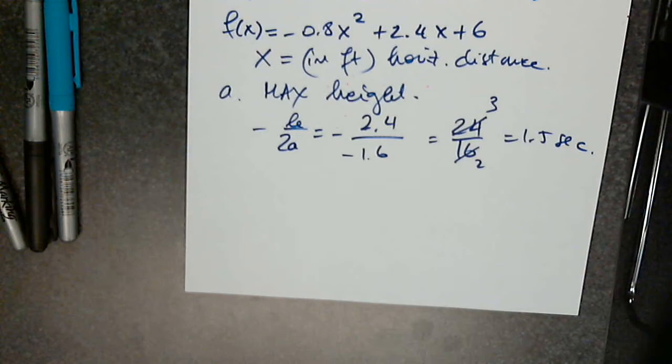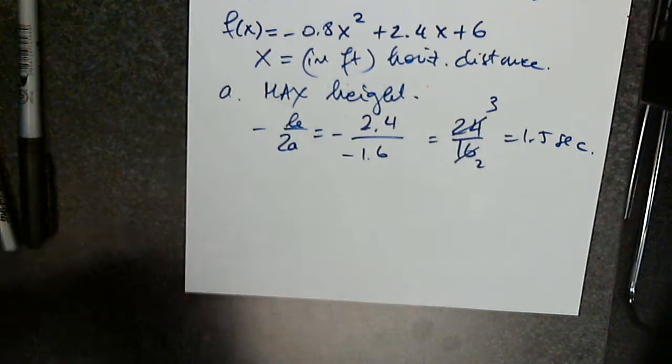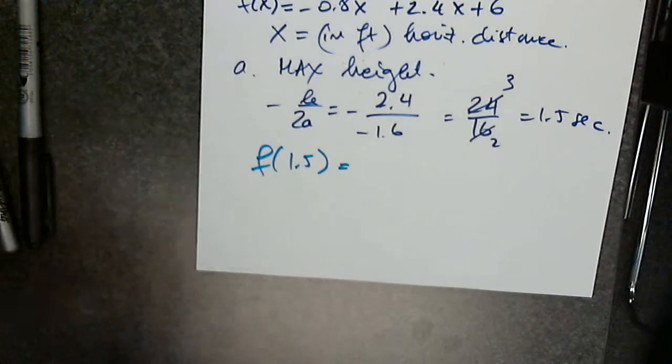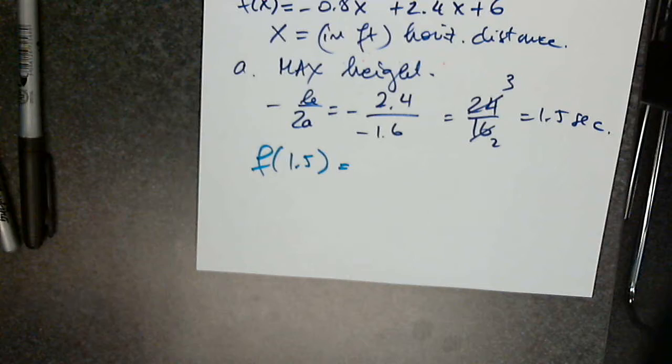But this is not what I was asked to determine. I was asked to determine the maximum height. So what do I do? I found negative b over 2a. Exactly, I have to go back and plug it in. So f(1.5). I'm going to use my calculator.